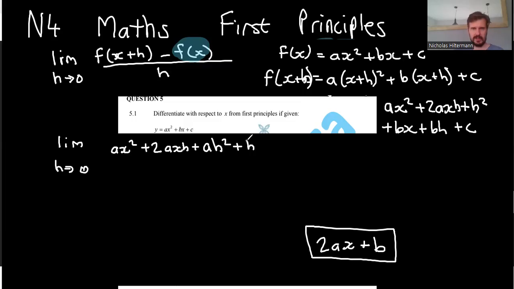Plus bx plus bh plus c minus my f of x, ax squared. I'm going to minus the b. Okay, so then all of this over h, right?